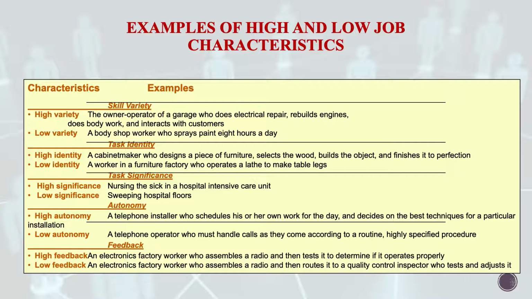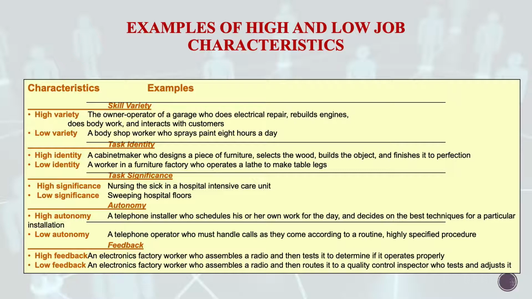Feedback. In terms of high feedback, for example, an electronics factory worker who assembles a radio and then tests it to determine whether it operates properly or not. In terms of low feedback, in the same electronic factory context, who assembles the radio and then routes it to a quality control inspector who tests and adjusts it.